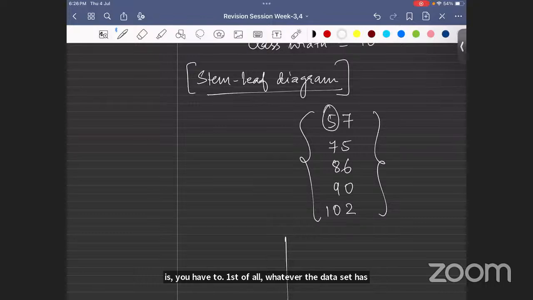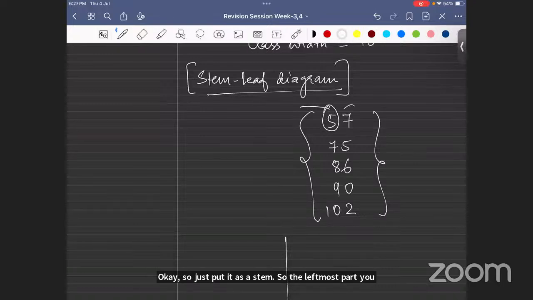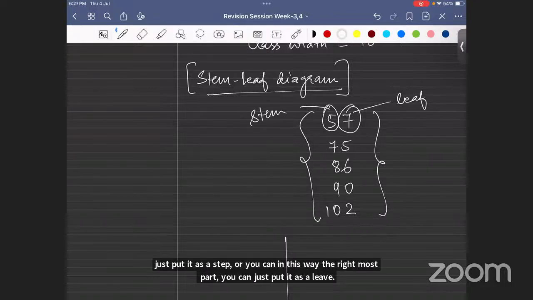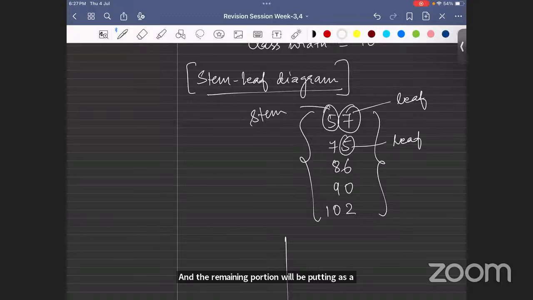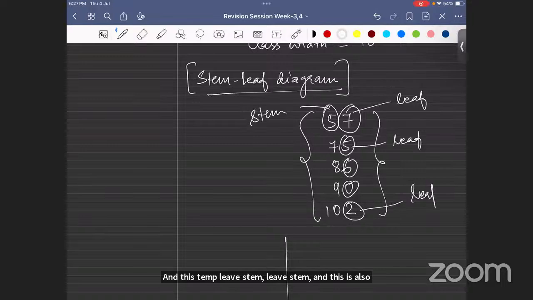The rightmost part you put as a leaf, and the remaining portion you put as the stem. So for this, this is leaf and this is stem, and this is also leaf. For you, the 10 is a stem.